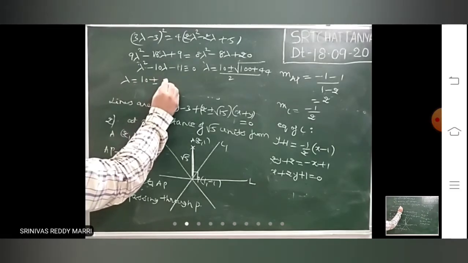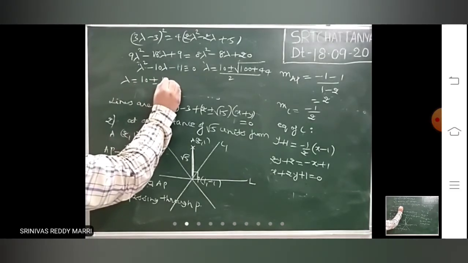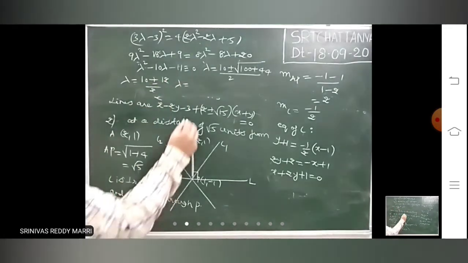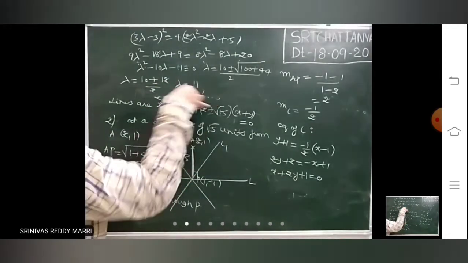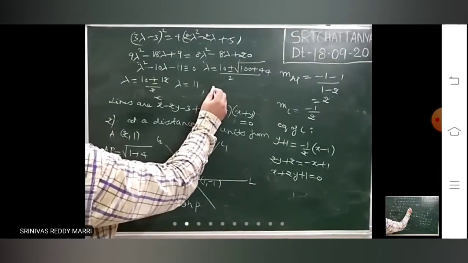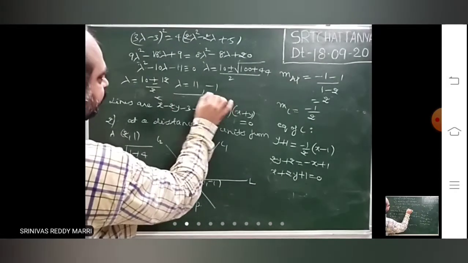That is 10 plus or minus 12. So lambda equals 22 by 2, that is 11. So lambda equals 11 comma (10 minus 12) by 2, that is minus 1.